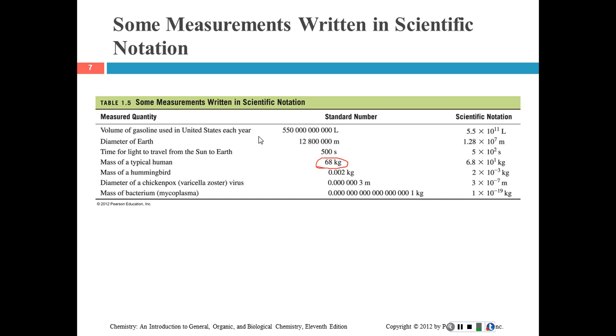But if you're talking about 550 billion liters, it's also a lot easier to write 5.5 times 10 to the 11 and keep that straight. Or, and I'm not even going to try to decide how many zeros that is, I'm just going to say apparently it must be 18 or 20 or whatever. It's a lot easier for me to write 1 times 10 to the minus 19 kilograms than it is to write that every time. My hand would get really tired.